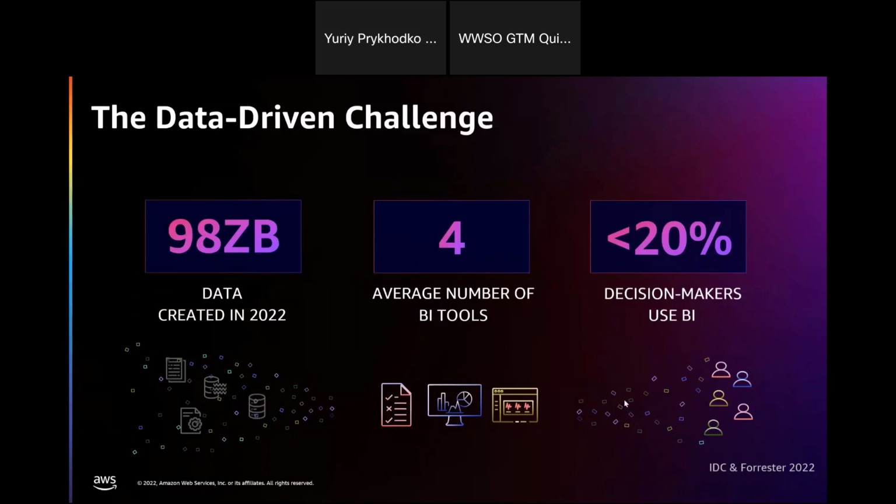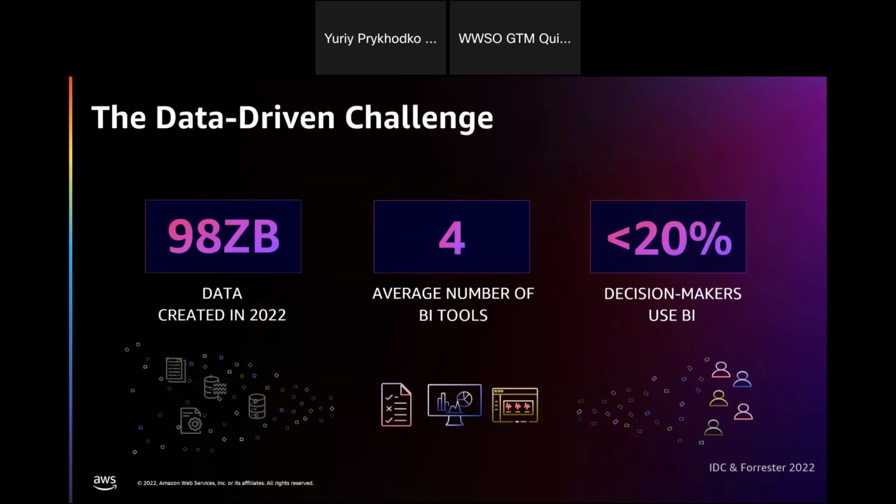As you saw, we have been using QuickSight, together with other services to query the data, and it brings to us the concept that we have so much data out there. The data created in 2022 alone was nearly 100 zettabytes.